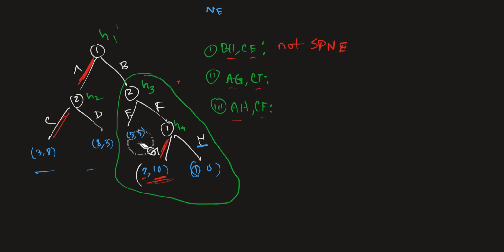What about player 1? As we have seen before, player 1 has no incentive because his utility will decrease from 2 to 1. So this AGCF is a Nash equilibrium for this subgame.